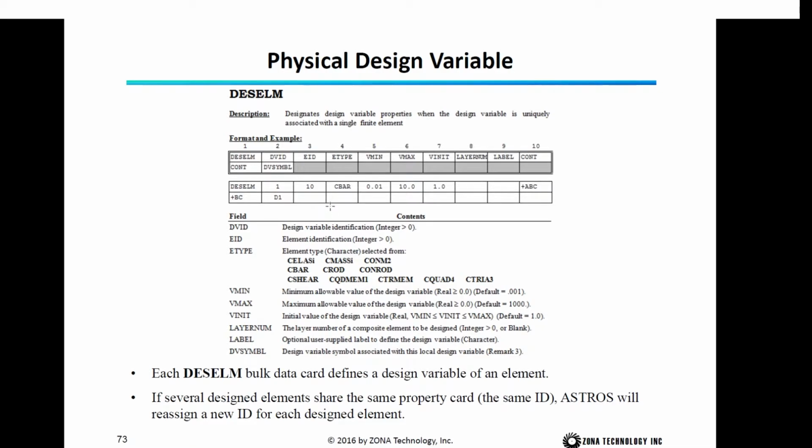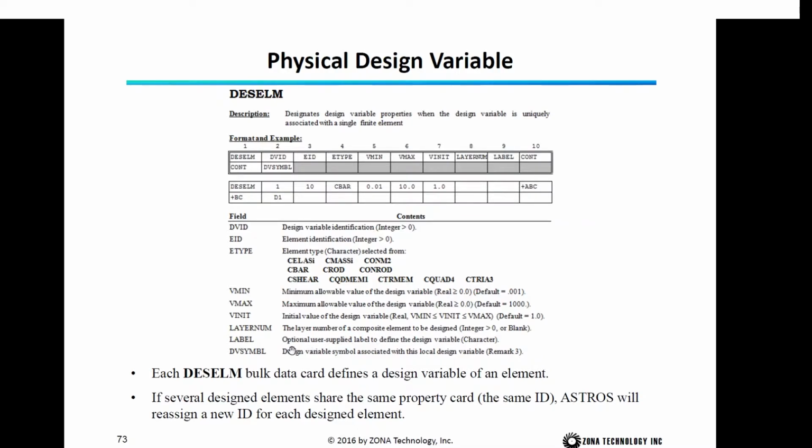For DSELM, you define an ID, and you refer to element IDs. ETYPE can be one of those element types, and VMIN and VMAX are the minimum and maximum allowable values of the design variable. VINIT is the initial value of the design variable, and layer number is the layer of a composite element to be designed.